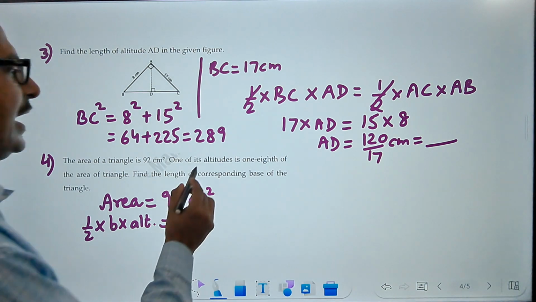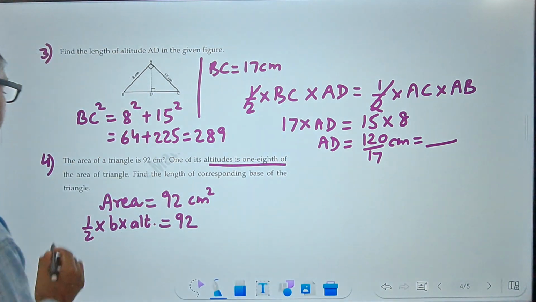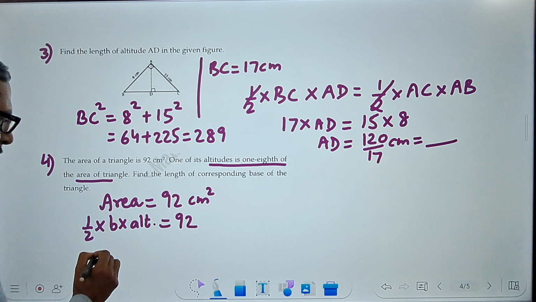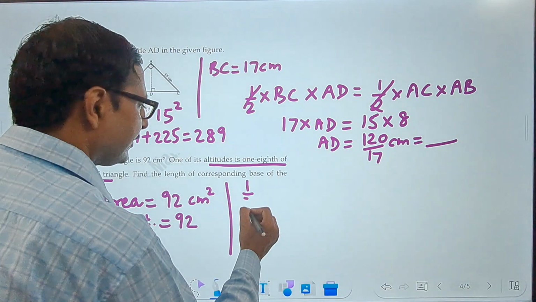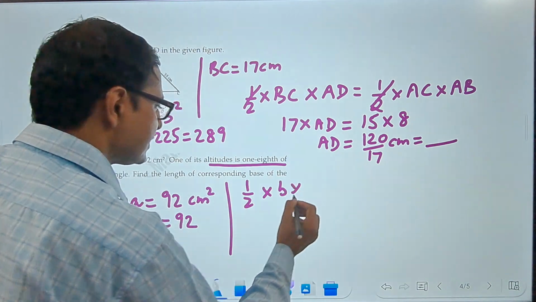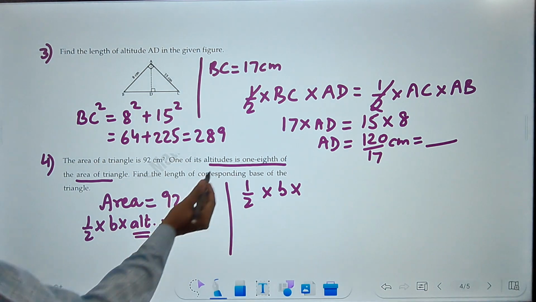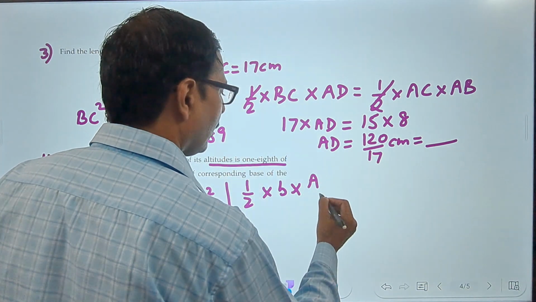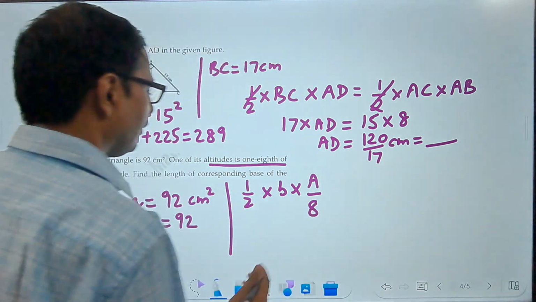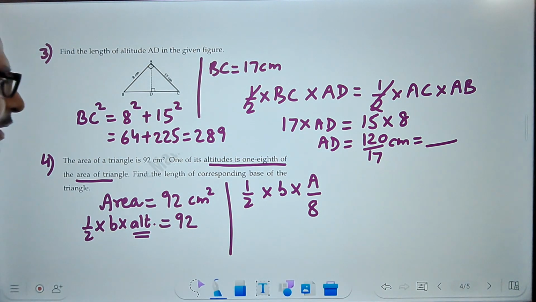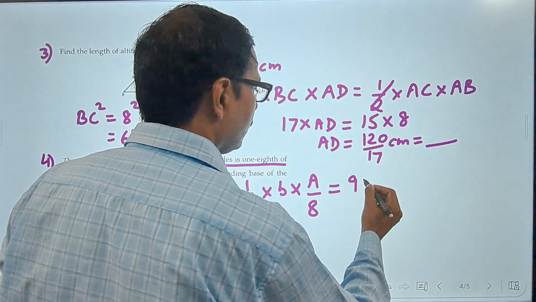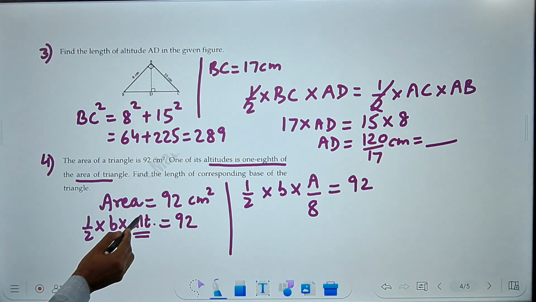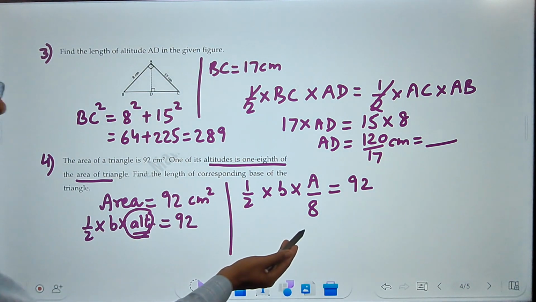Now he says that the altitude is 1/8 of the area. So if you put half times base times altitude, now this altitude is given as 1/8 of area. So area upon 8, 1/8 of area, and that is equal to 92, right?